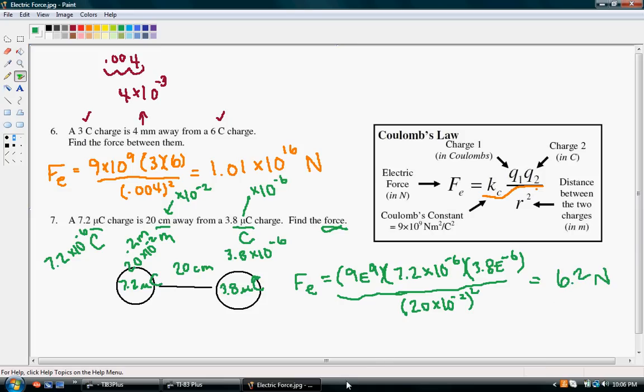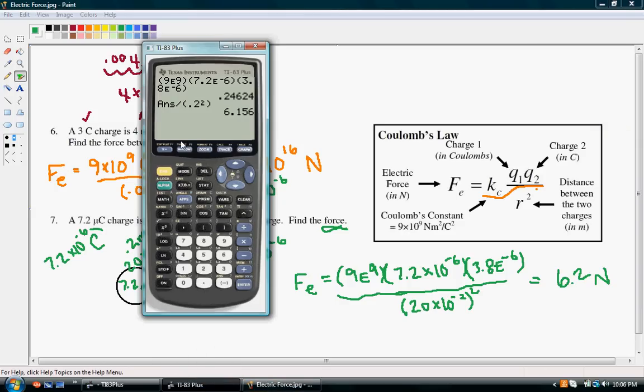Alright, so let's double check that. There are many ways that we can plug this in. Say we don't like the e's, we want to use all times 10 to the. Okay, 9 times 10 to the 9th, times 7.2 times 10 to the negative 6 times 3.8 times 10 to the negative 6.